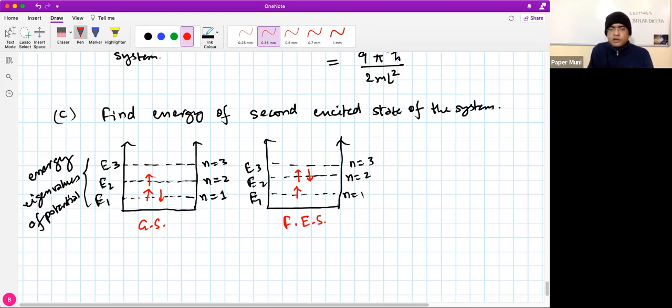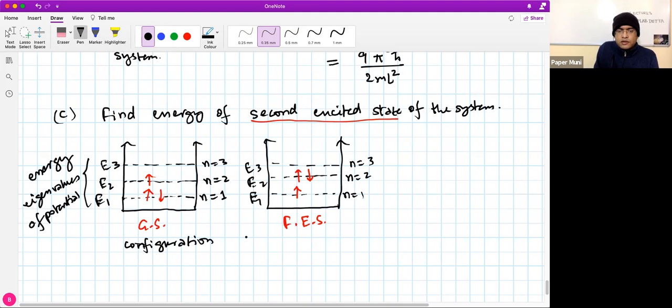Now we are talking about the second excited state. What could it be? How will the configuration look? This is the ground state configuration of the system, and this is the first excited state configuration of the system.